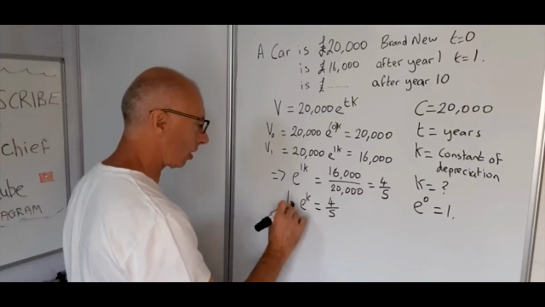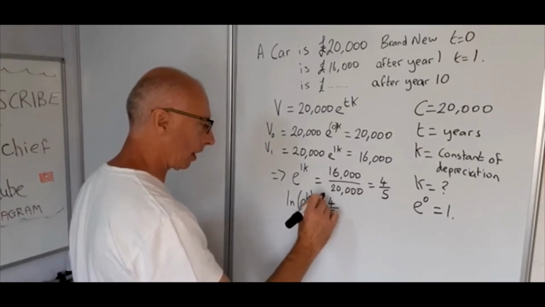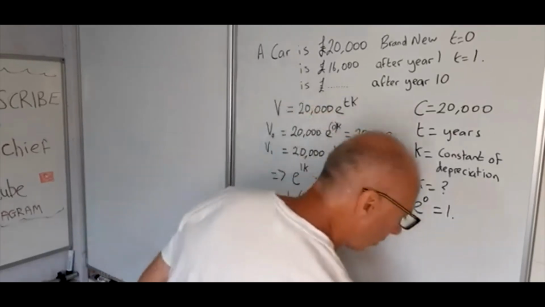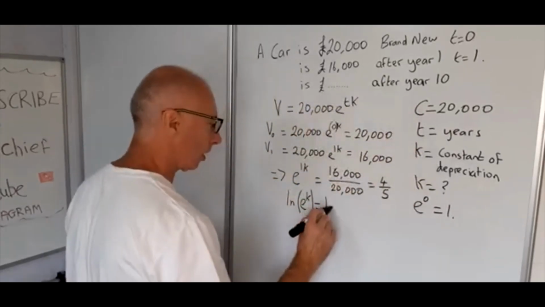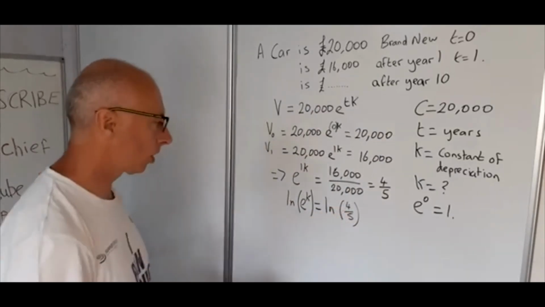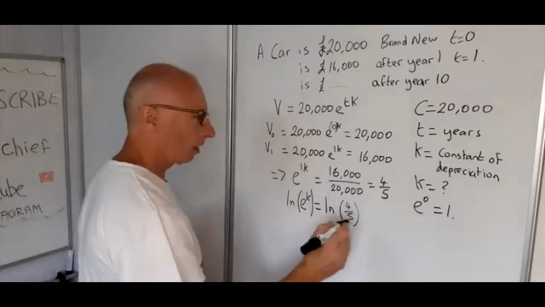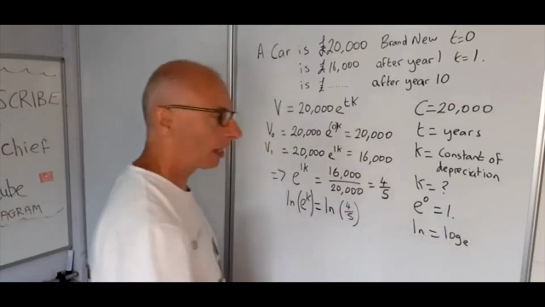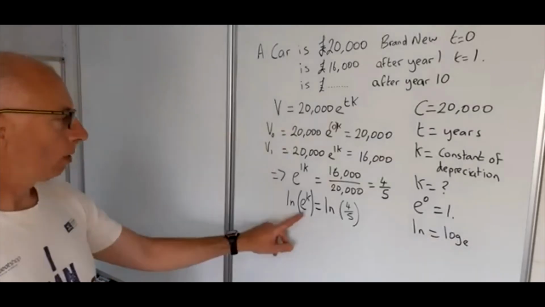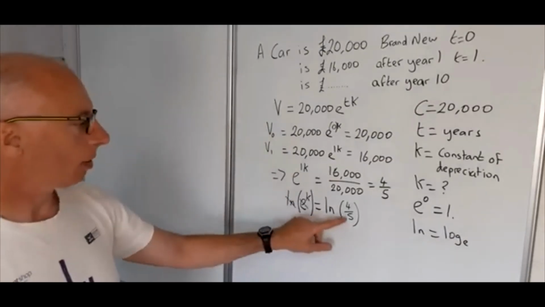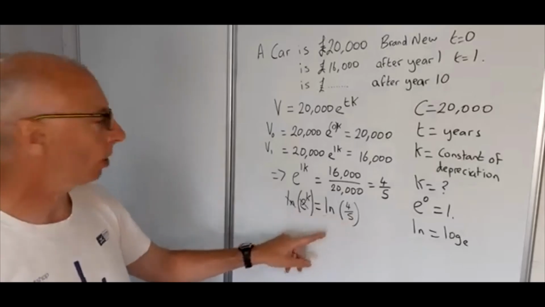So if I just put this log in here, natural log of 4/5. So this is natural log, so log base E. So ln equals log base E. We now see that this and this will cancel out, and we could do a bit of simplification on this if we wish as well.